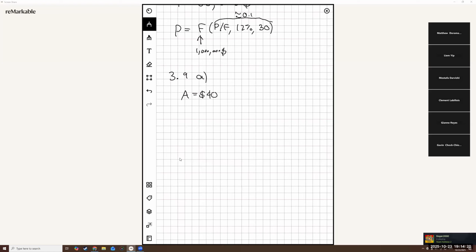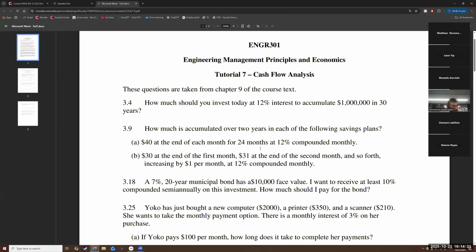Our nominal interest rate here, which I will write by the letter R, is 12%. Nominal interest rate means it's for the year, 12% per year. However, in this problem, it's compounded monthly. The calculation is done monthly.